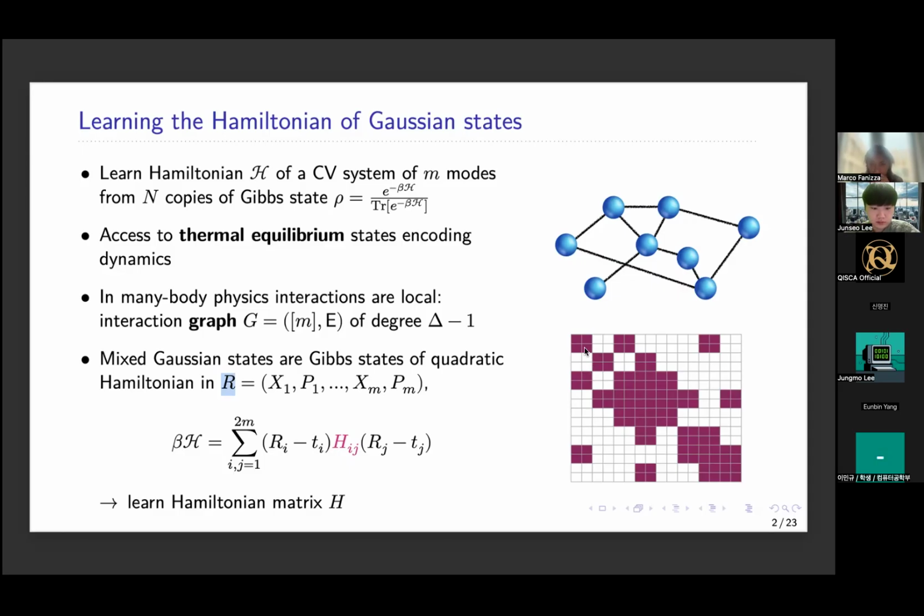And each 2 by 2 block on the diagonal is associated to a mode of the system.